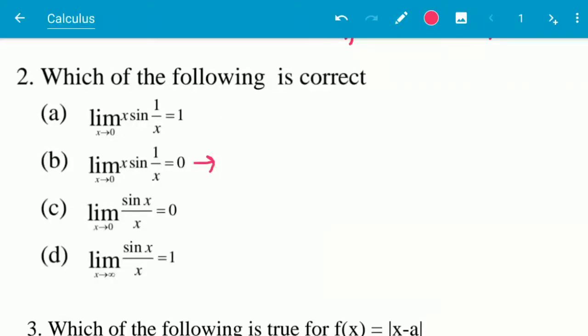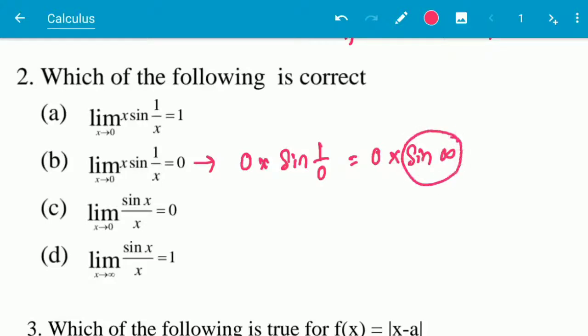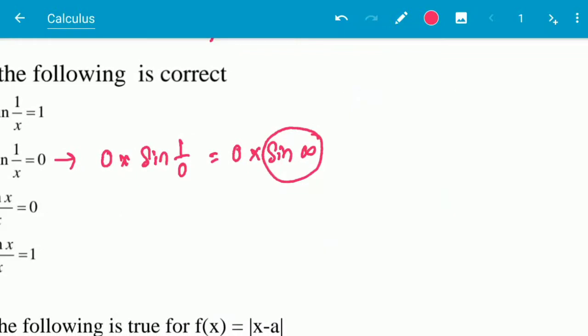When x tends to 0, the whole term will be 0 into sin 1 by 0, which will be equal to 0 into sin infinity, and the sin infinity value is finite, that is within minus 1 to plus 1, because sin of any value will be within minus 1 to plus 1.